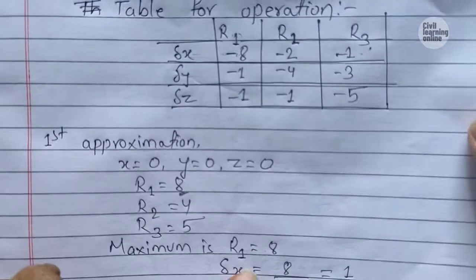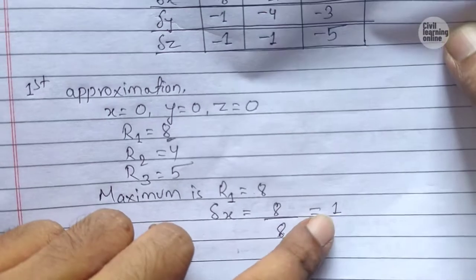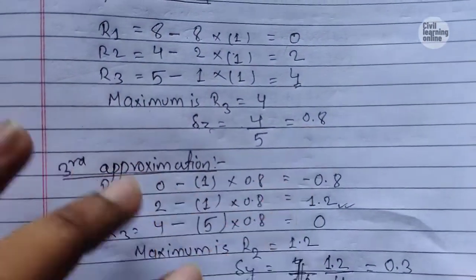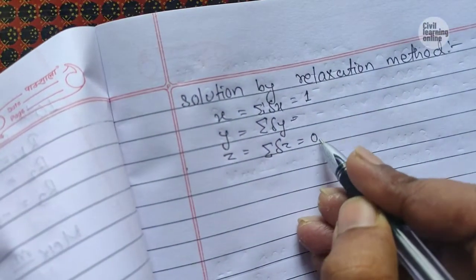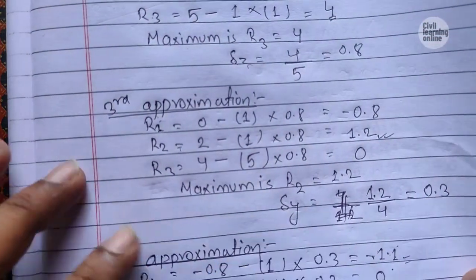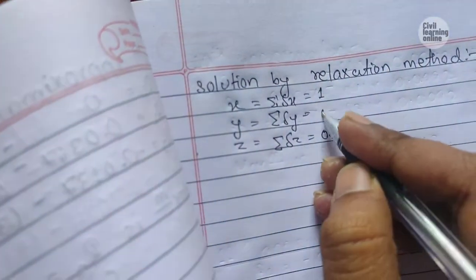As I have calculated these values, in the first approximation we have calculated del x, so here del x is 1, so right here 1, and in second approximation we have calculated del z as 0.8, so right here in del z we will write 0.8. Similarly in third approximation we calculated 0.3 which is del y, so here we will write 0.3.